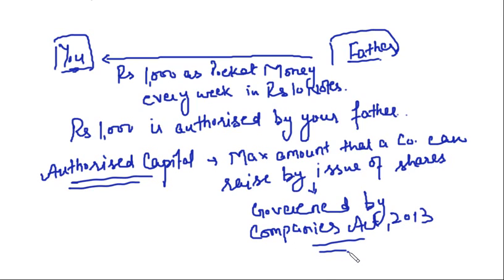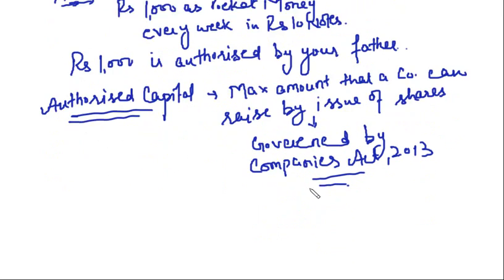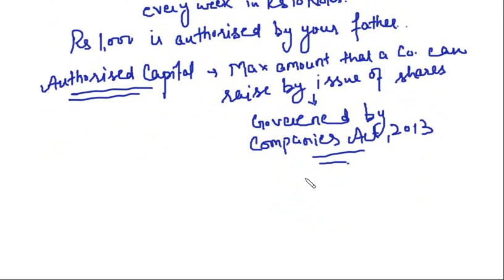So as per the provisions of the Companies Act 2013 plus what is written in the memorandum, the opening document of the company, you set your authorized capital. That is the maximum capital that a company can raise by the issue of shares, whether those are preference shares or equity shares. Clear? This is governed by the Companies Act plus the memorandum.